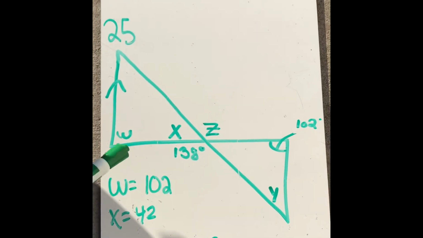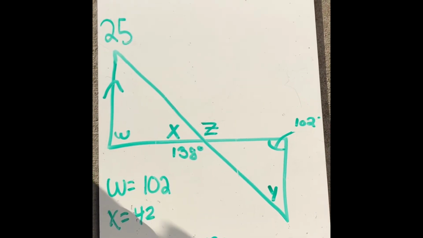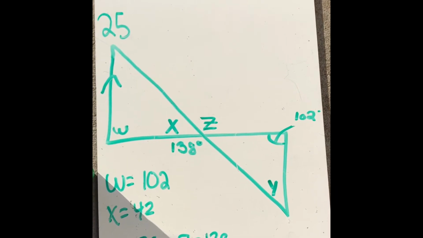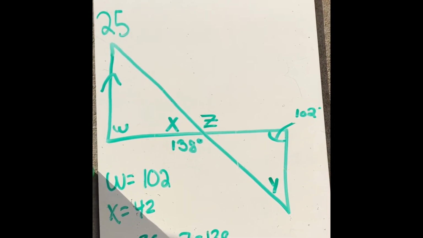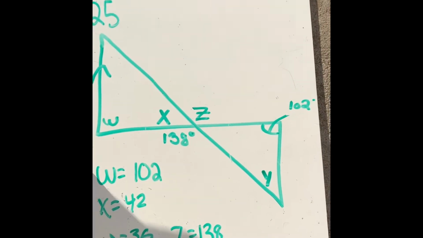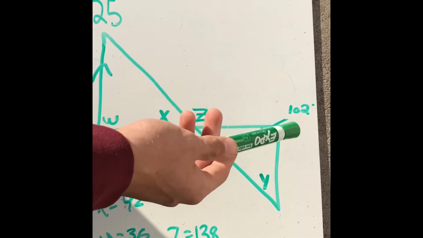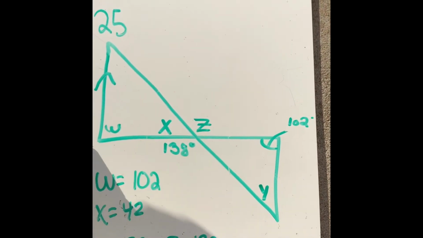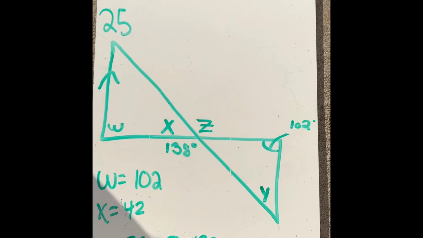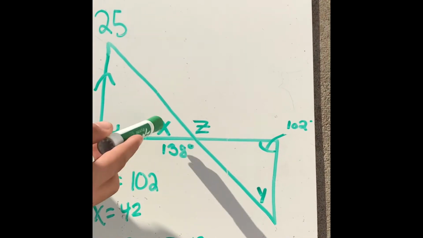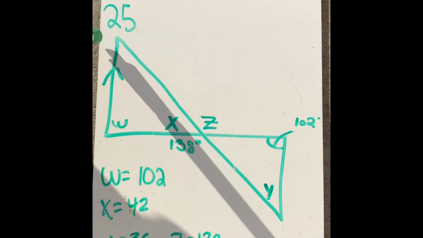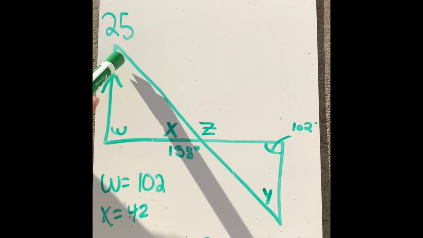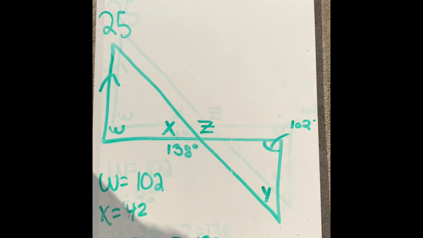For w, we got 102 because it's the opposite from over here, which is the 102. And then we got y equals 36 because we added up all the sides of the triangle to equal 180, and the opposite of this one is the same, so y equals 36.